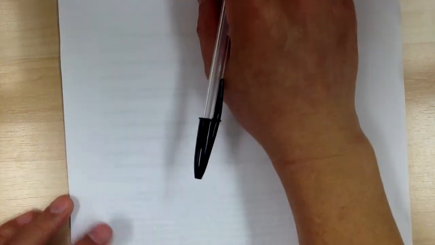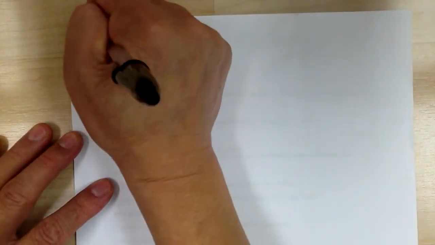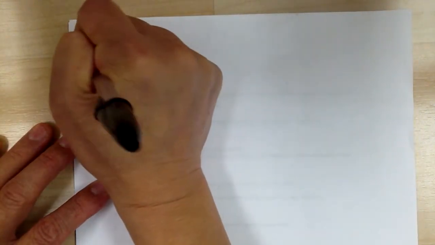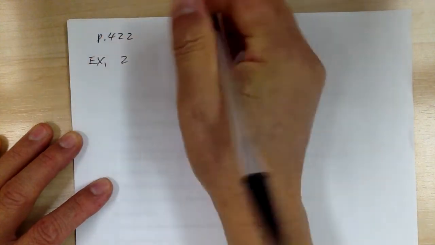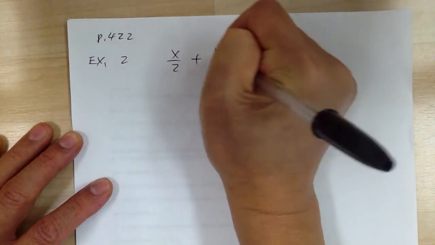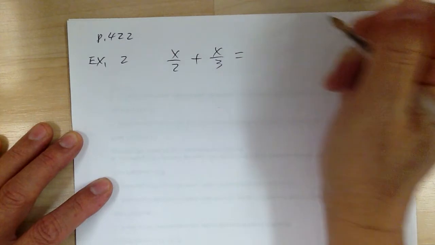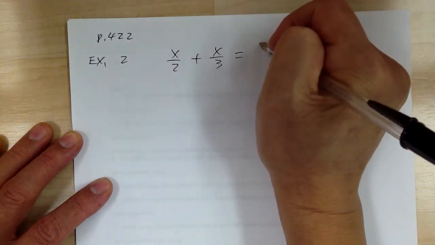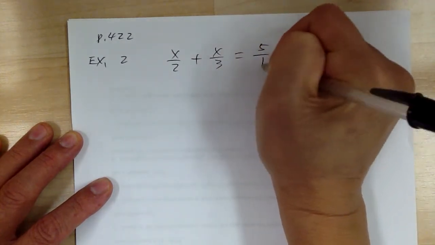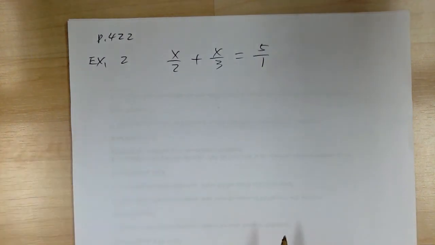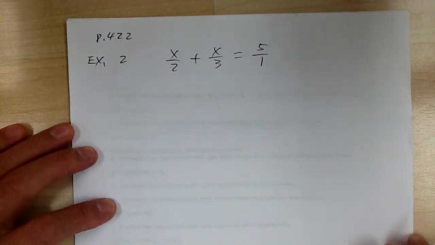Now let's go to the actual solving. Let's go to page 422, example 2. So you have x over 2 plus x over 3 equal to, now I'm going to put it as a fraction, 5 over 1. Now, solving a fractional equation is actually much easier than the expression.